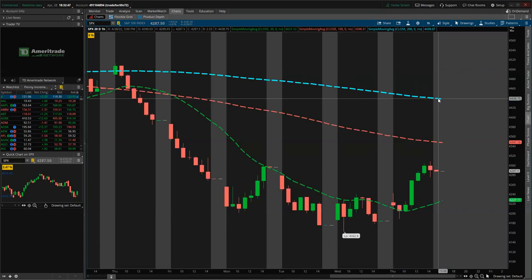It's 8:30 Central Time to 3 o'clock, so that's about 6.5 hours. If you take that 6.5 hours and divide it by this 200, it will tell you what that particular moving average would be on the daily side.